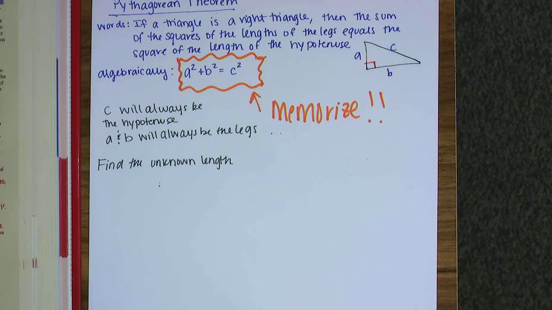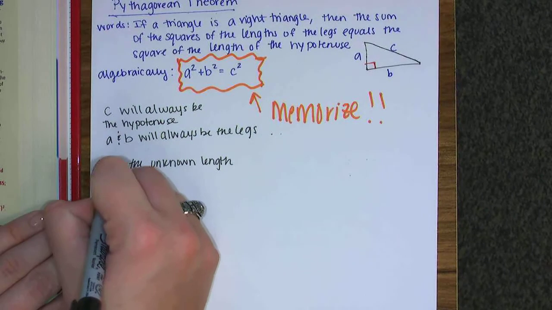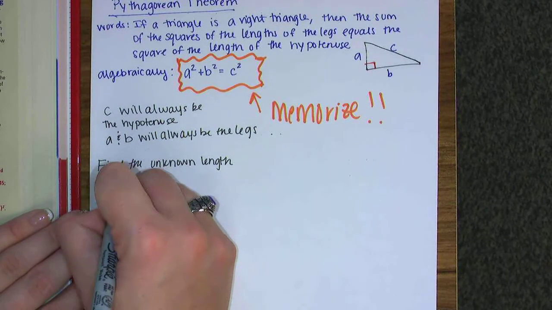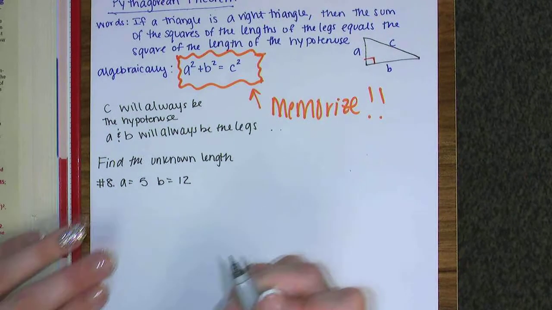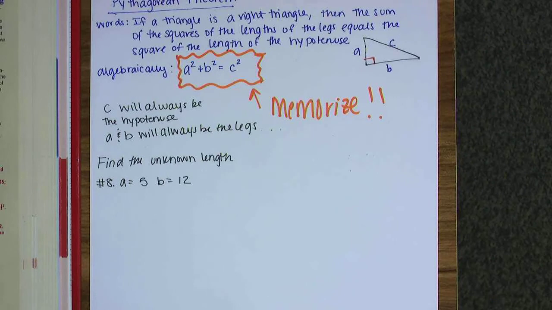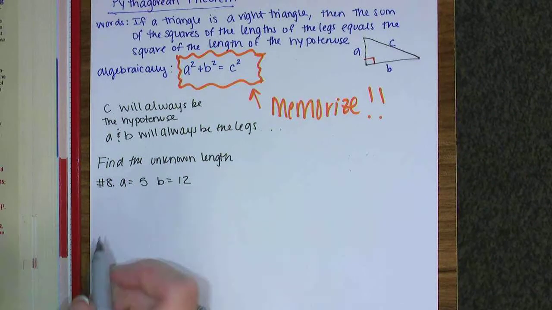Okay? I want to start with 8, and then we're going to jump backwards, okay, because I want us to progressively work through this, and 8 is where I feel like we need to start. So, number 8 tells us that A is equal to 5, and B is equal to 12. Okay? So, I have my A and I have my B. I want to draw my triangle here.